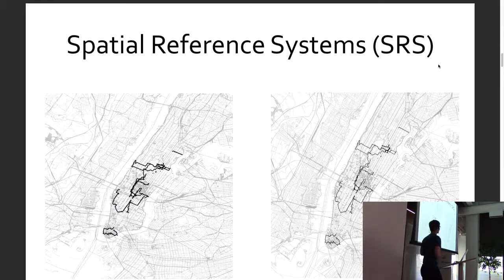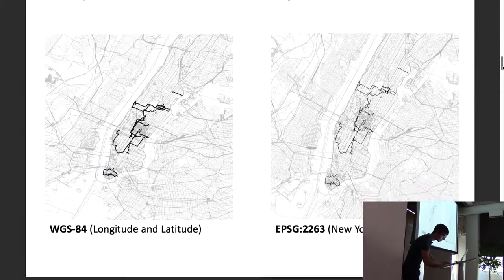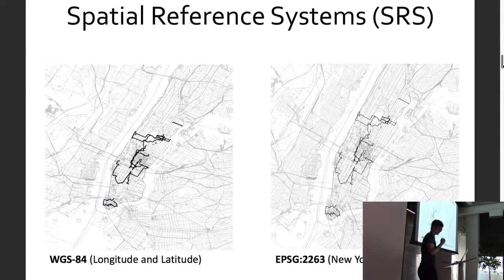What was really important when I was working with GIS data was to work with spatial reference systems. Two of the main ones which I was using was WGS 84, which is the GPS reference system, and another one, since you see that it is kind of skewed, where you try to map it in such a way that the distances and the angles get preserved just in that main area.